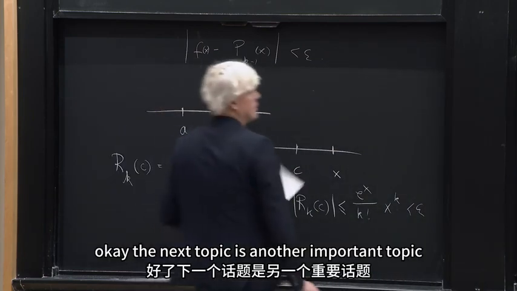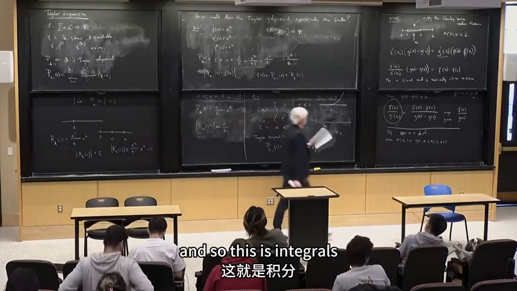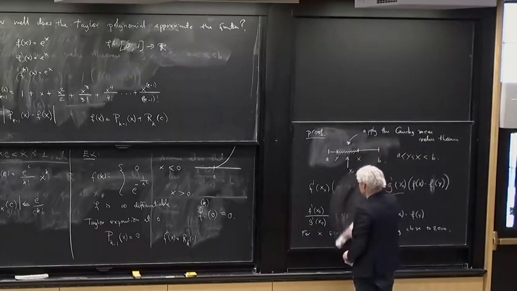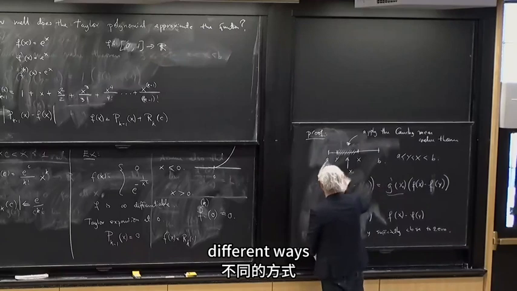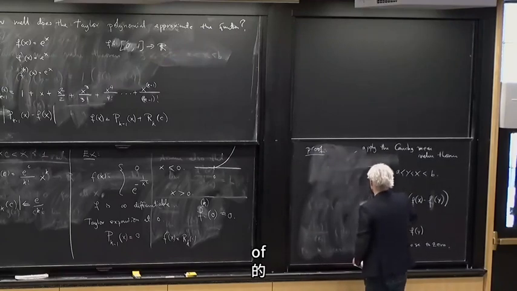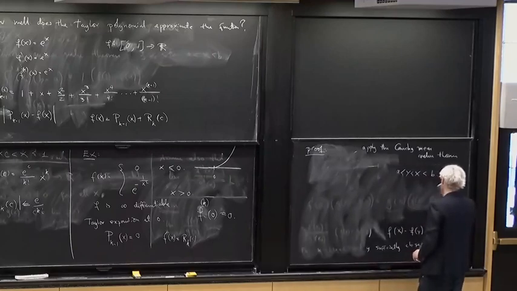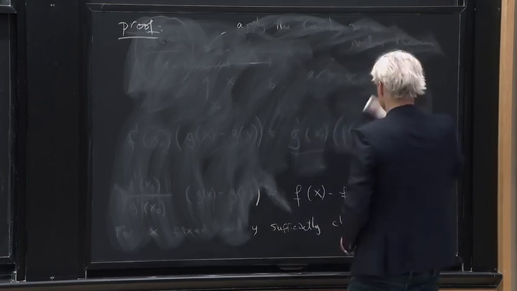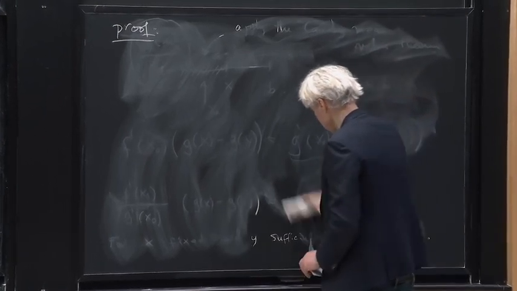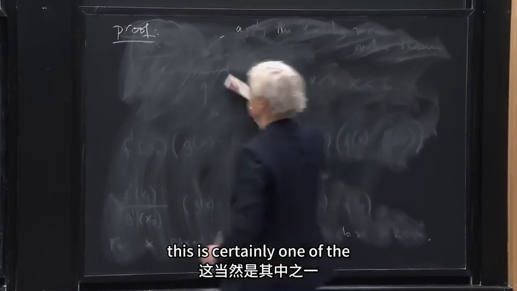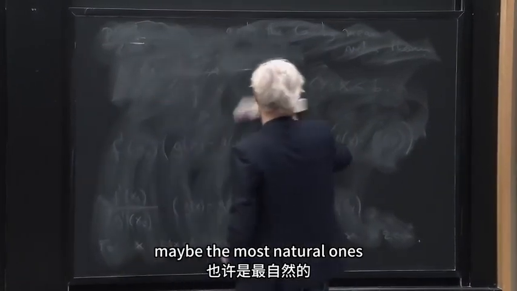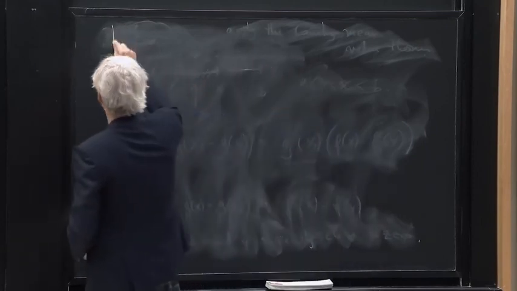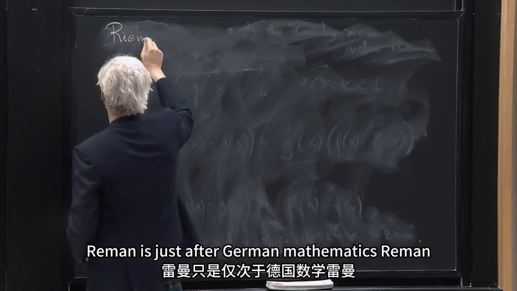Okay, the next topic is another important topic, and this is integrals. There are different ways of defining integrals. This here is certainly maybe the most natural one, and this is what's called Riemann integrals, after the German mathematician Riemann.